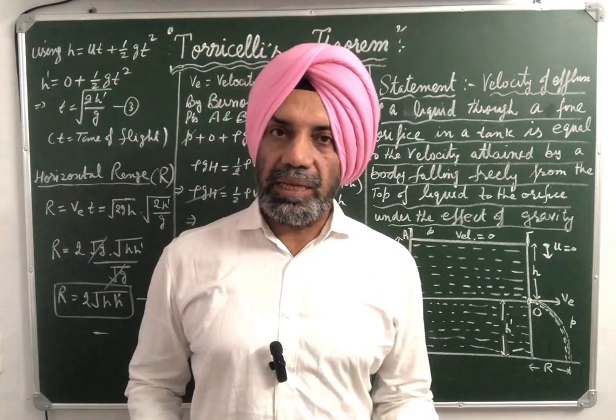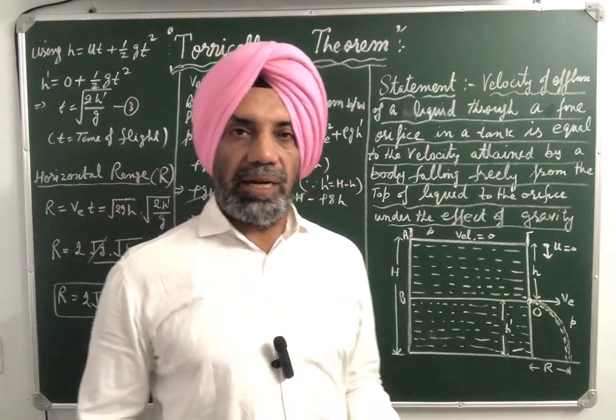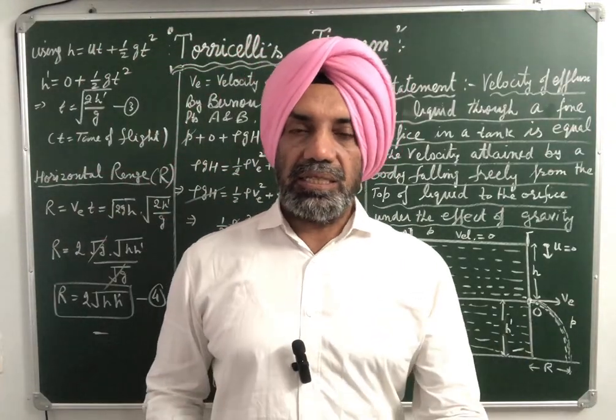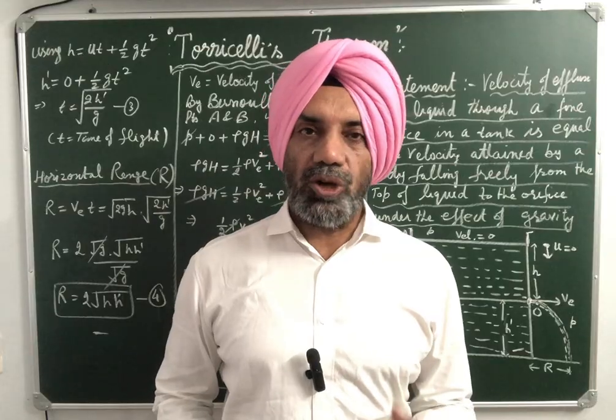The velocity attained by the freely falling body under the effect of gravity is the same as the velocity of efflux. This is known as Torricelli's theorem.